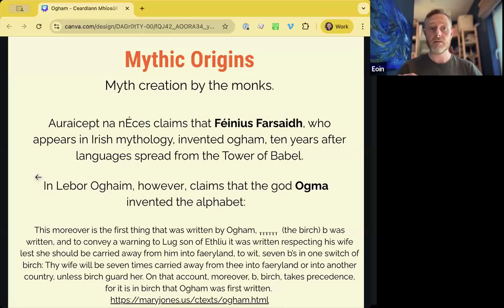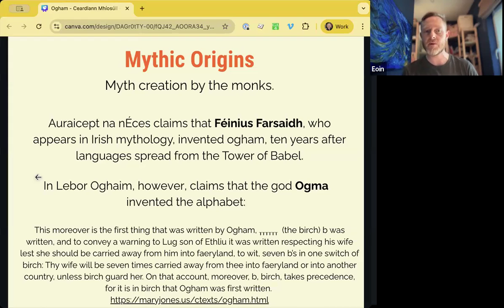Okay, so these manuscripts have mythic claims on the origin of Ogham. So think about it, they're writing originally in, let's say, the 8th century, and the copies are being made in the 14th century. They're making claims of who came up with it, where is it from? And we actually don't know.